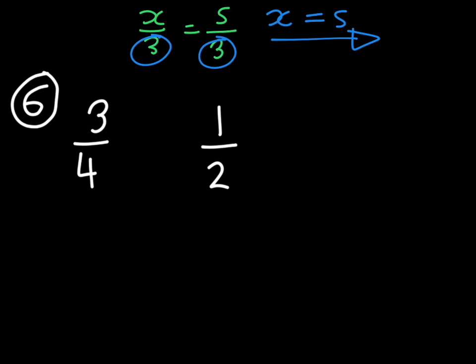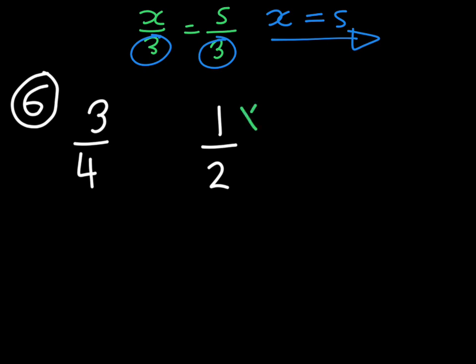Another way to do this would be to multiply this fraction by this denominator and multiply this fraction by that denominator. And this is the procedure, or rather the method, that I would like you guys to make use of. So let's do that.